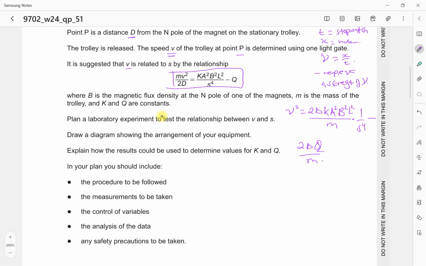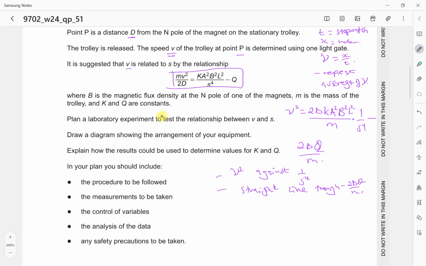So normally we prefer to put the dependent on the y-axis and the independent on the x-axis. So it means I'll plot a graph of V squared against 1 over S power 4. If I plot V squared against 1 over S power 4, it is going to be a straight line. A straight line is going to show that the relationship is valid. The straight line is going to go through negative 2dq over m.